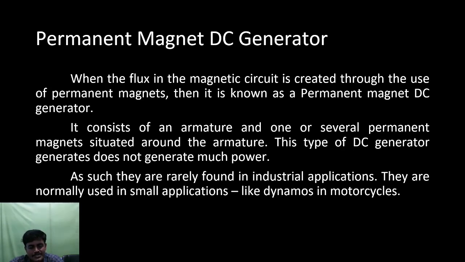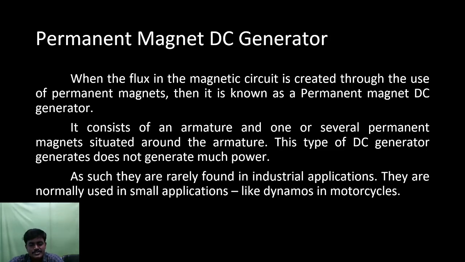This type of DC generator does not generate much power. The field produced by the permanent magnet does not give much flux, and the generated voltage at the output terminal is based on the flux production. If the permanent magnet is somewhat weakened, the voltage drops. So this type of DC generator does not generate as much power as we need.